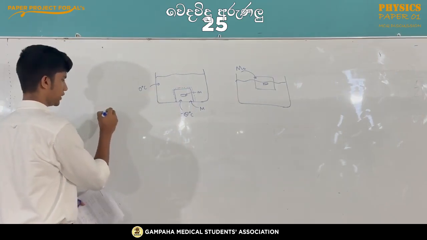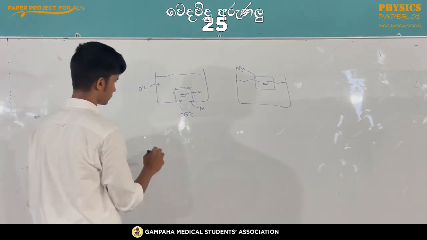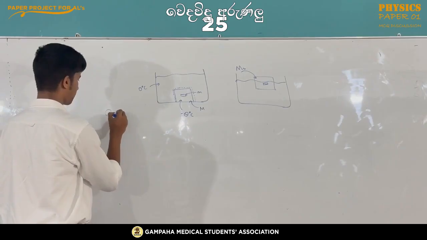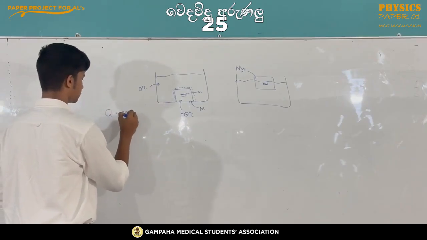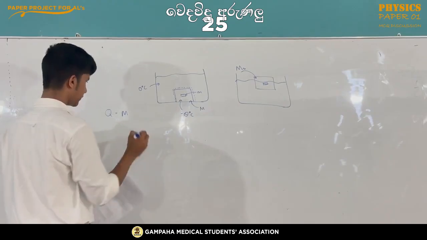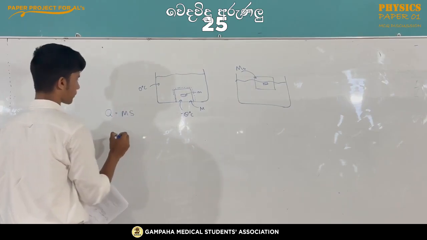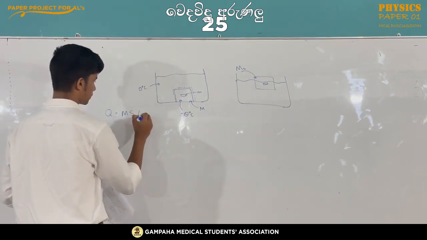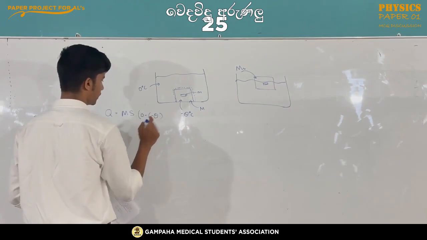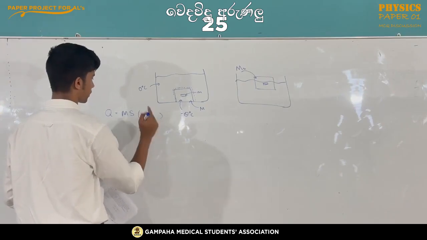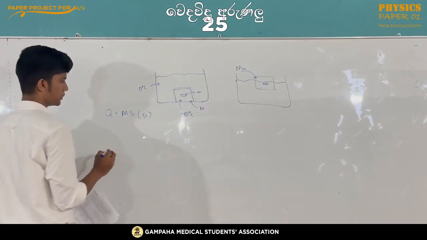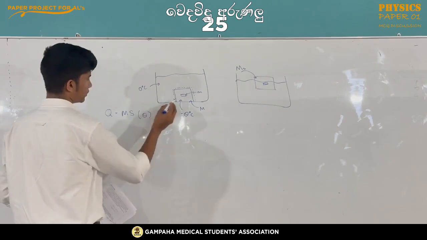So then the heat energy that is absorbed by the ice block is M times the specific heat capacity of ice, S, times the temperature change, which should be 0 minus minus theta, which is actually equal to theta. So this is the heat absorbed by the ice block.